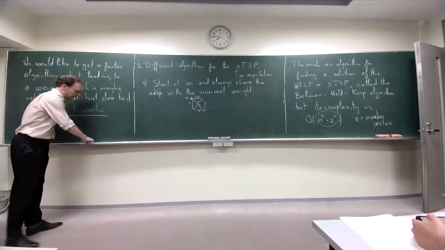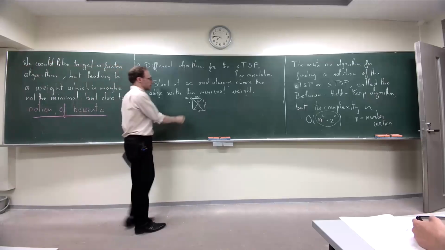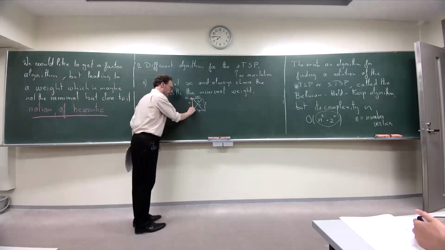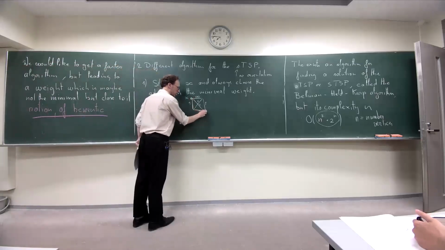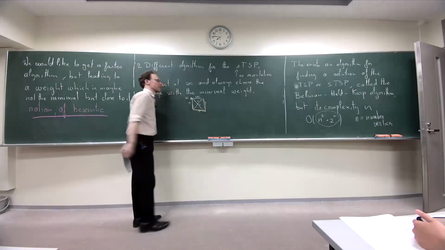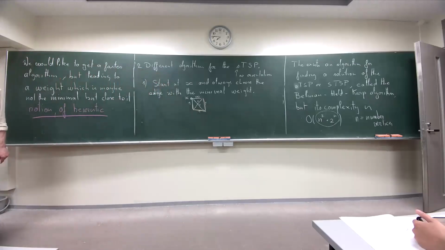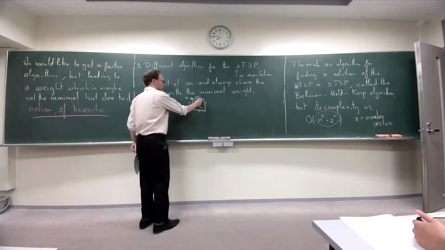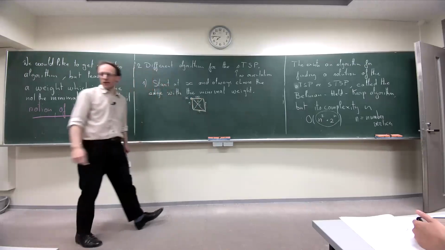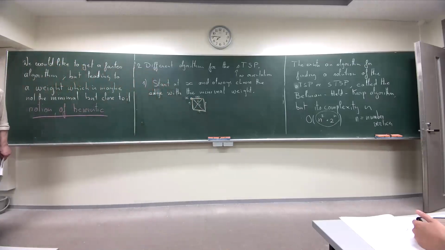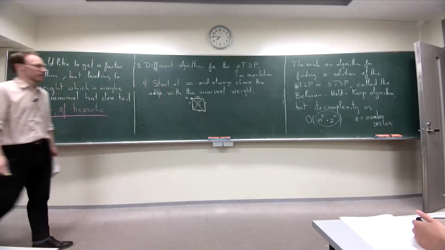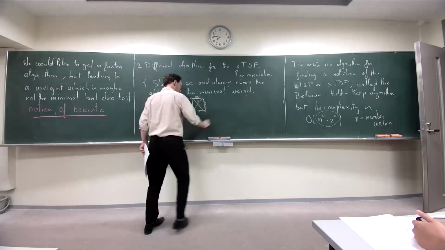So if you apply this algorithm, you start at x, you take the one with the minimal weight. You go here, you go here, you go here. And then unfortunately, in order to get a cycle, you have to go through this one, which means the total weight is 103, which is probably not the best one.